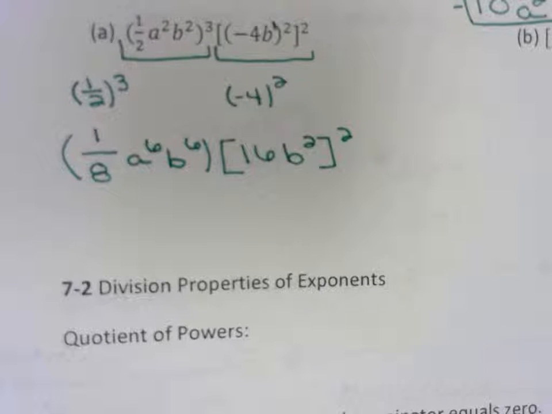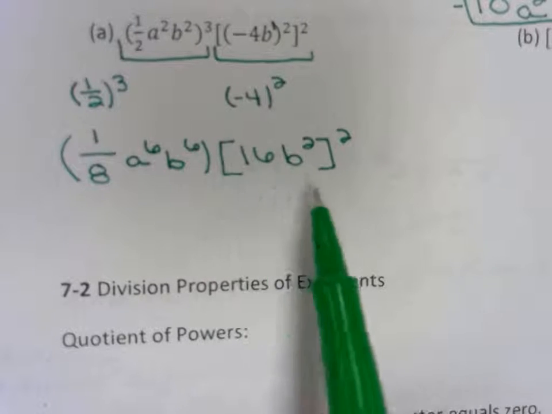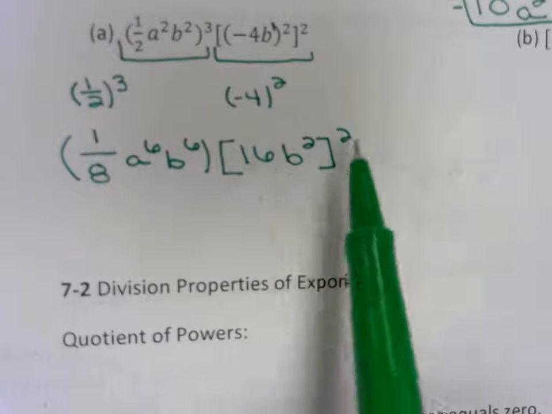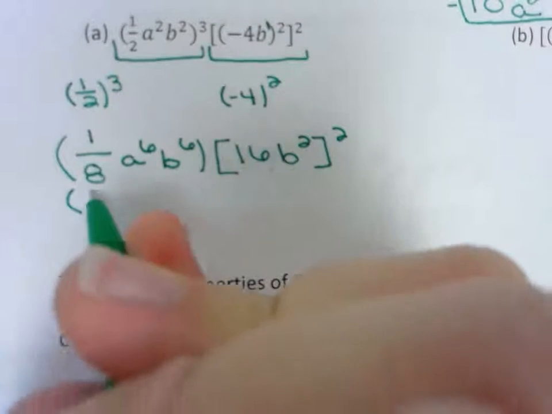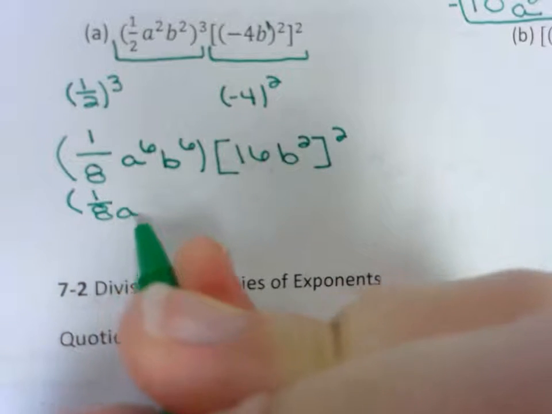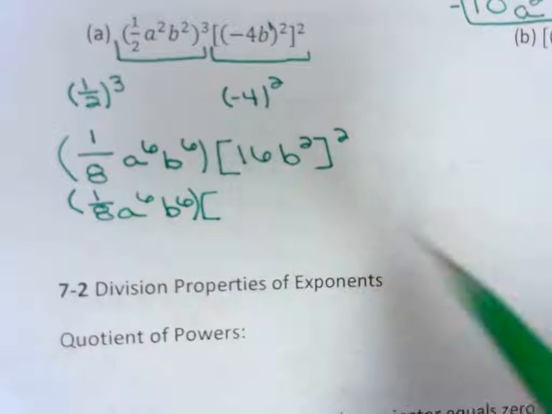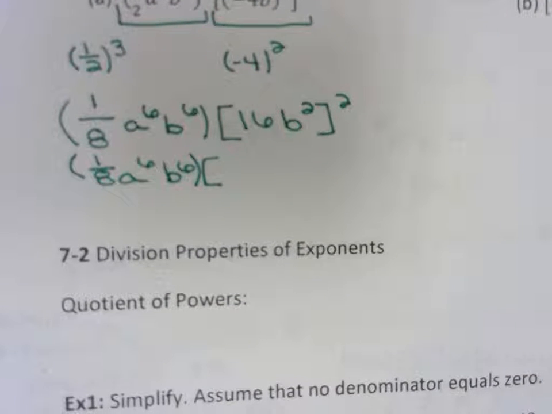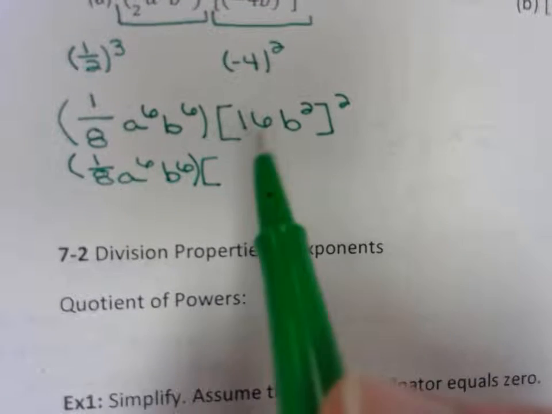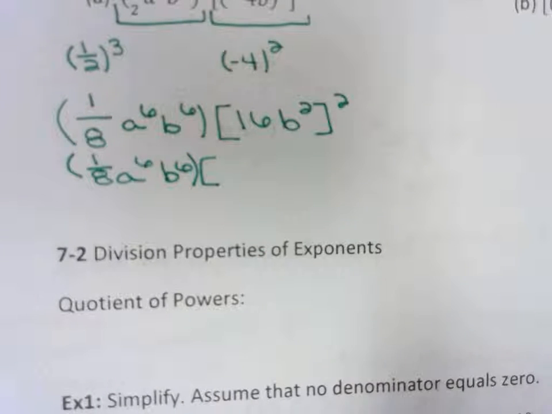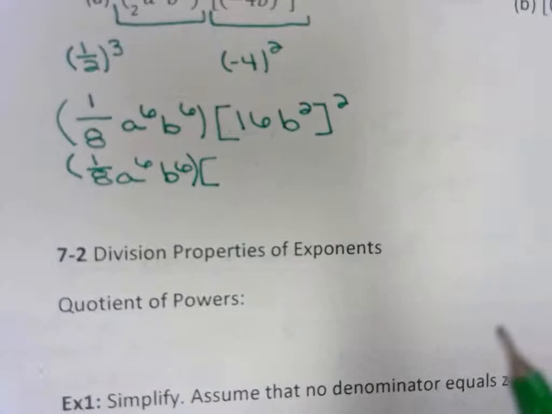Now, before I can simplify it all the way, what else do I still have to do on the second part? Okay, get rid of the squared. So my first part stays the same, 1/8 a squared b squared. My second part, I need to get rid of the exponent again. What is 16 squared? I don't know this. Someone do it on your calculator.